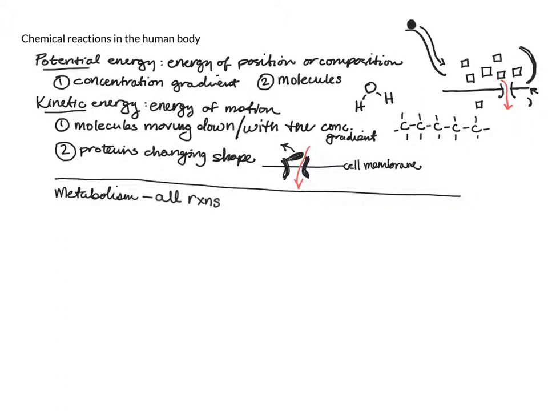So all reactions in the human body. And this refers not only to the reactions that you might have thought of when I first said the word metabolism, actions of digestion, that sort of thing, but any event in the body that has one molecule being converted into another molecule, broken down, built up, all those sorts of things. So any reaction that occurs in the human body, we use the word metabolism to describe all of them.